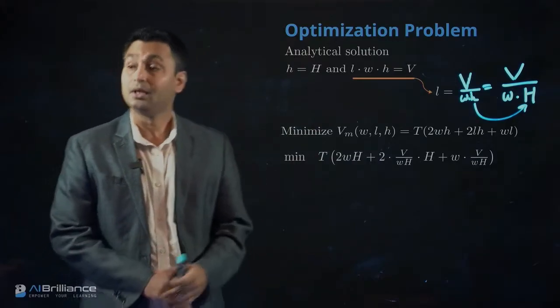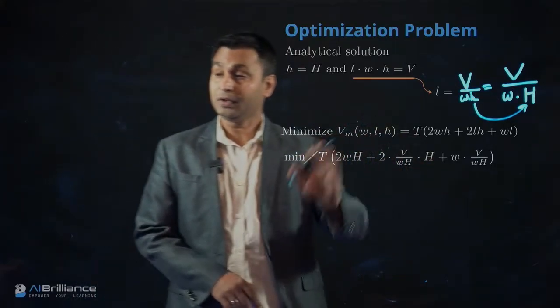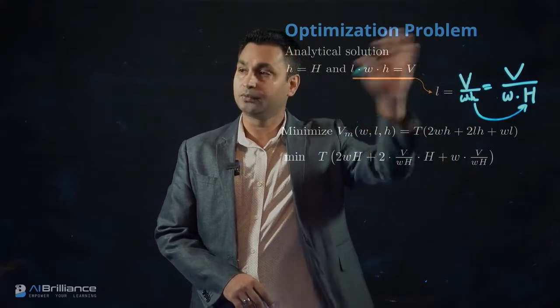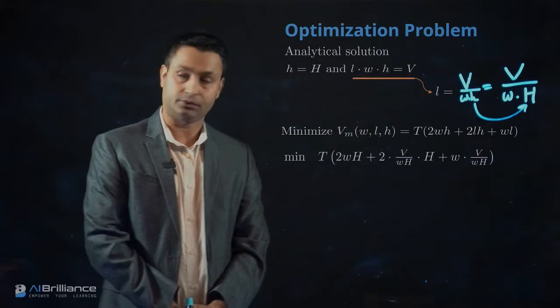So this becomes my next function, and we have essentially eliminated the L from this function by using the information in the equality constraints.